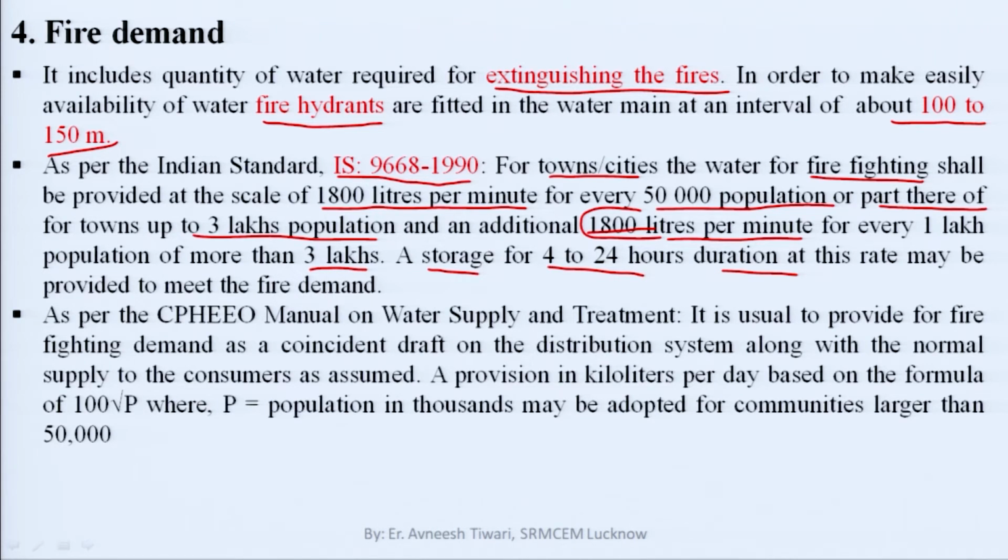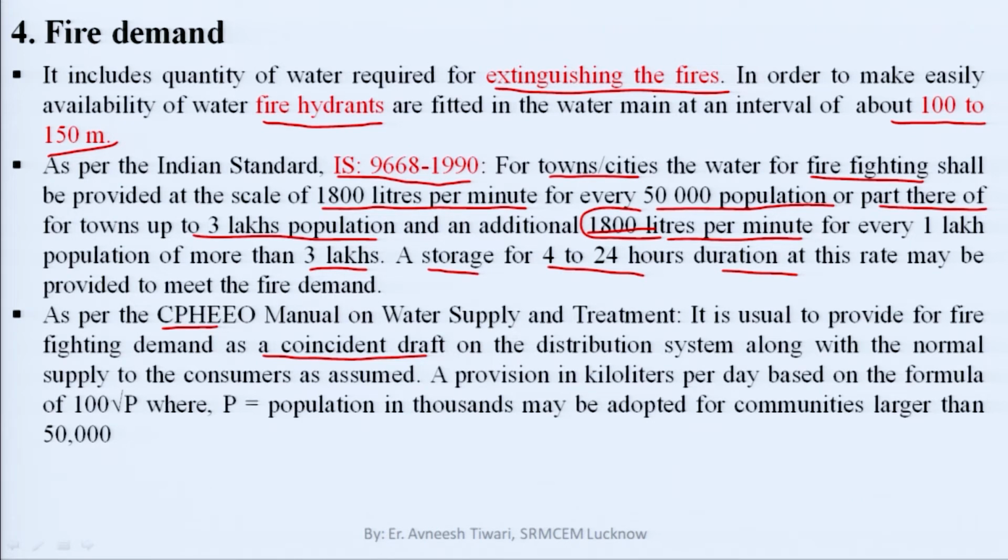Okay, so coming to next, according to the CPHEEO manual, the amount of water required for fire demand is taken as a coincident draft. In the next slide we will cover what a coincident draft is.